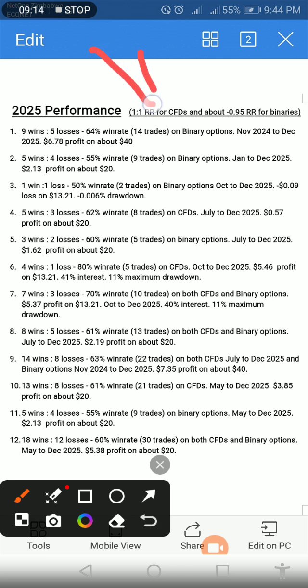For CFDs, I'm now trading with 1:1 risk reward. Then for binary options on synthetic indices, it's a slightly negative risk reward of 0.95, but for binary options of financial instruments, they will be about 0.82 to 0.85, and I shall be opening them maybe from February onwards.